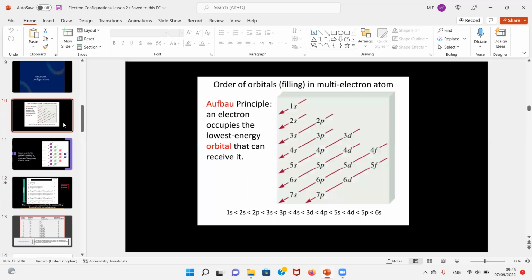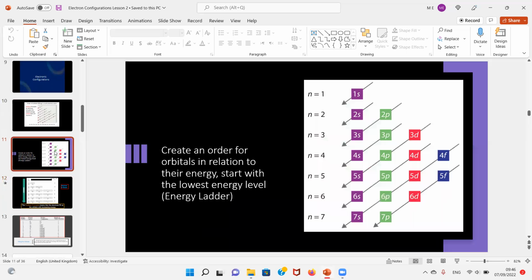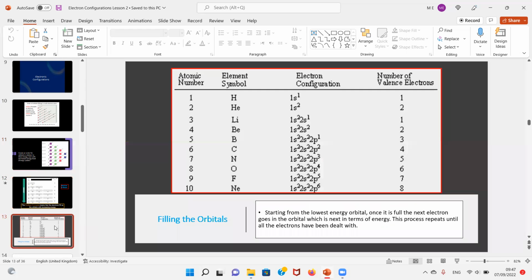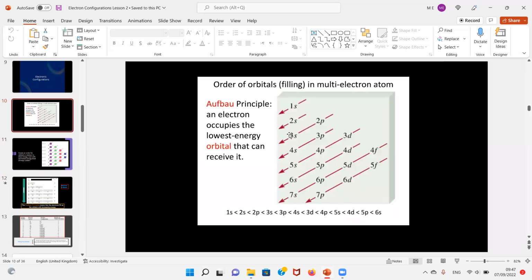So as you can see here, the 1s, you convert it to one box. And then any s, you convert it to one box. And each box of these, wherever you see a box, each box is an orbital, and the orbital can take a maximum of 2 electrons. So then you have 2p. So 2p maximum can take 6 electrons. So that's why you represent it in the form of a box divided into 3 rooms.